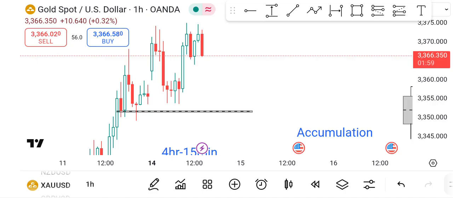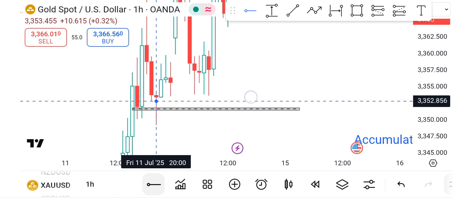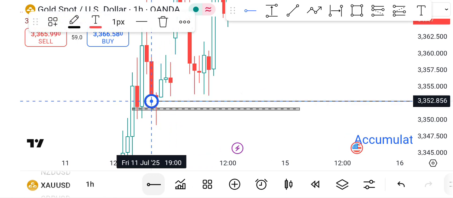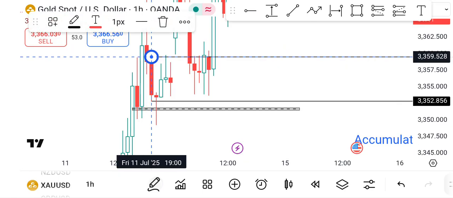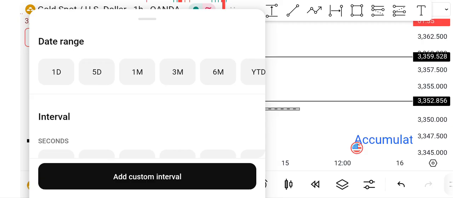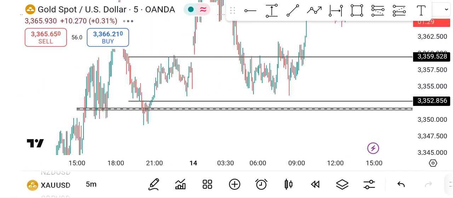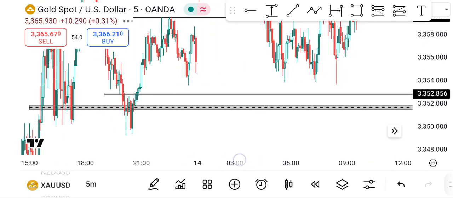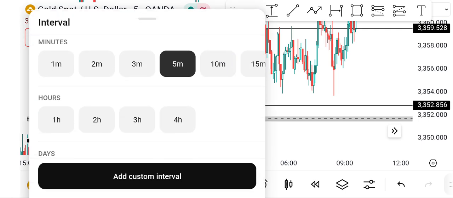Actually, this is a double bottom, and we can see it formed a CRT candle formation. That was our CRT low and our CRT high. After that, you scale down to the 5 minute time frame for entries.